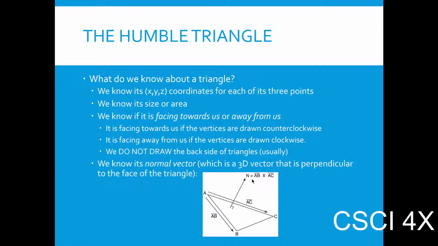When you guys were playing with the normal maps, what you were doing was saying, at this point, the normal is going this way. At this point, the normal is going that way. At this point, the normal is going that way. What that does is it causes the light to bounce off this triangle non-uniformly. If you don't do it, it'll just bounce off as if the triangle was flat. But with a normal map on it, every point on this triangle can have a different angle to it, so to speak.